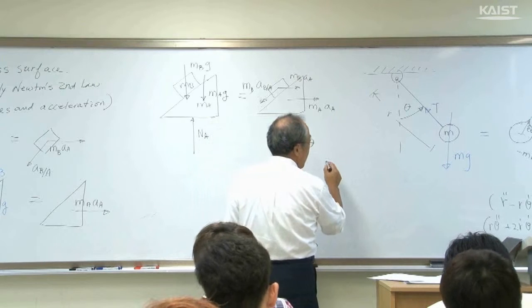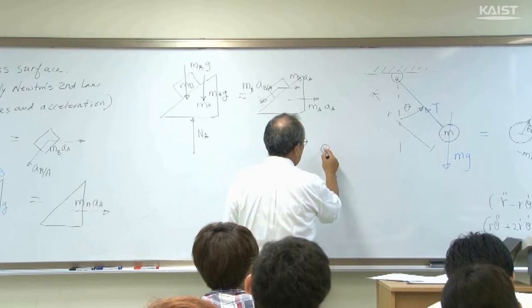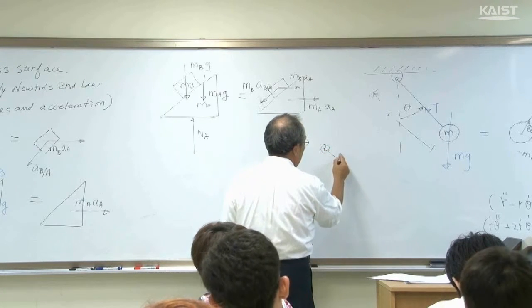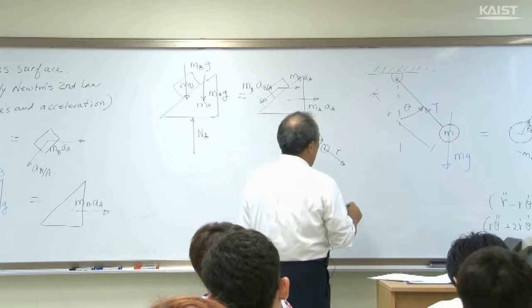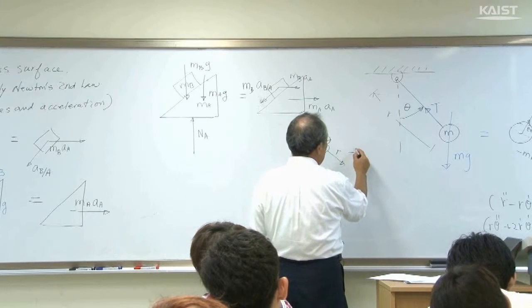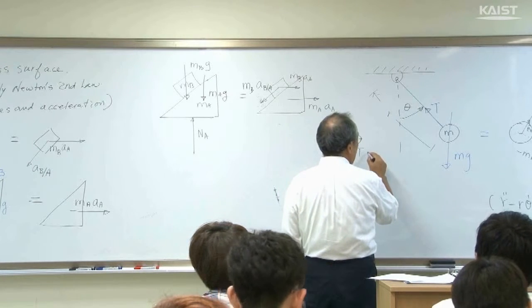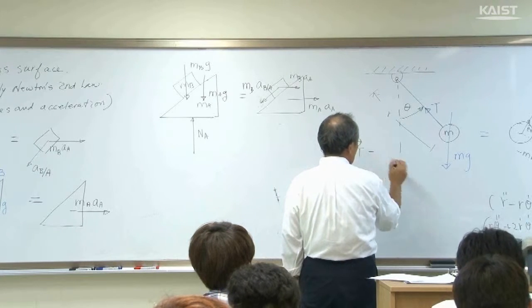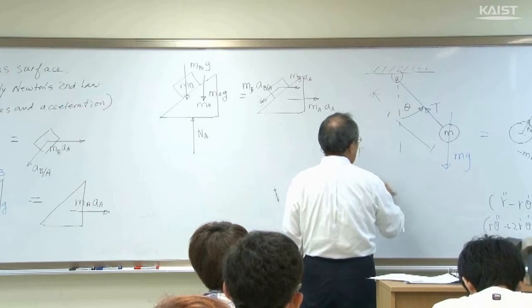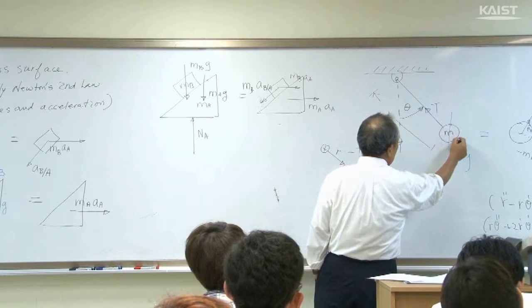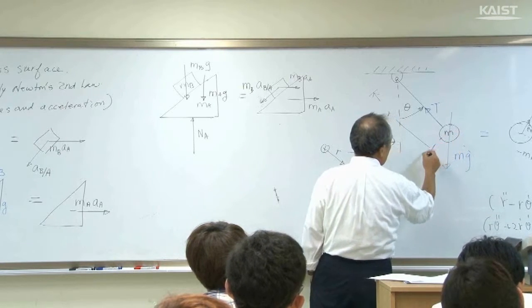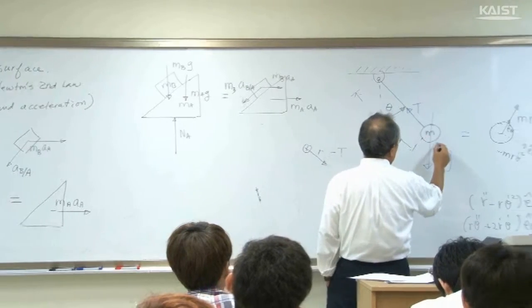So in r direction, I have minus T, and I have the component of mg in this direction as well as that direction, and then this is theta.